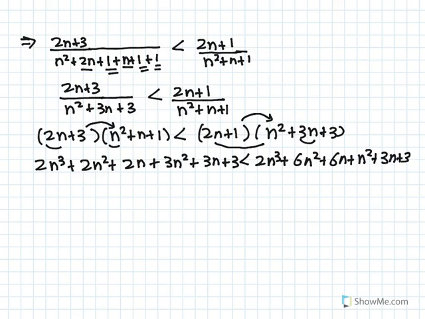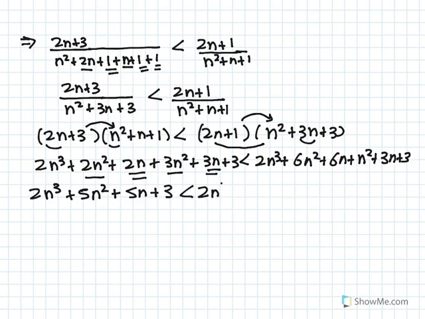We have to be very careful with simplification. So like terms combine: 2n squared plus 3n squared, and 2n and 3n, these are going to combine. So we get 2n cubed, plus 5n squared, plus 5n, plus 3 is less than 2n cubed.